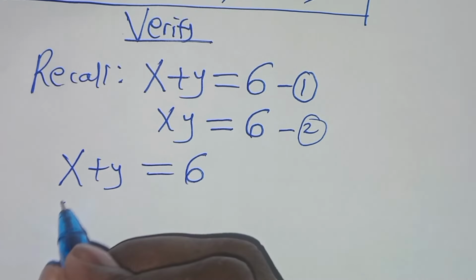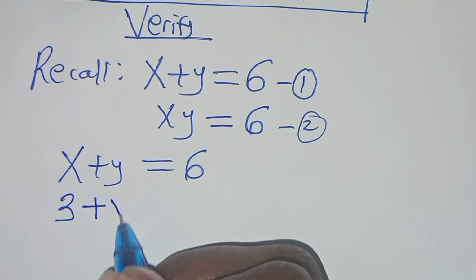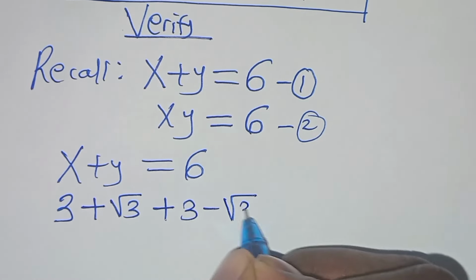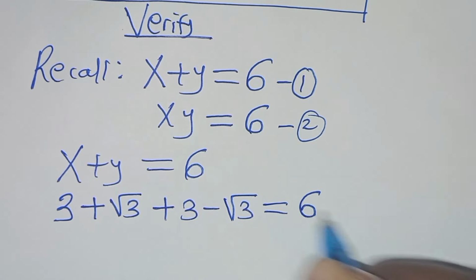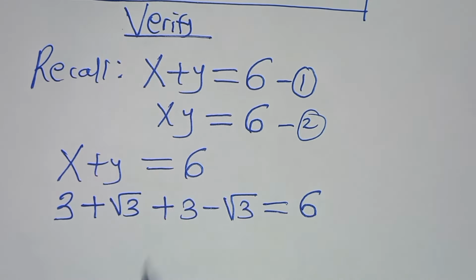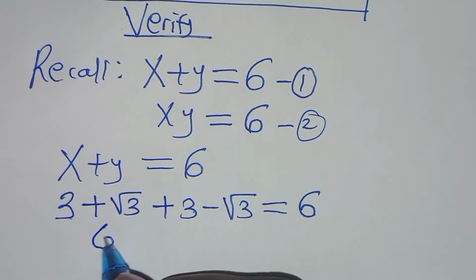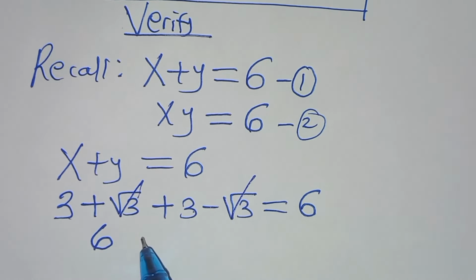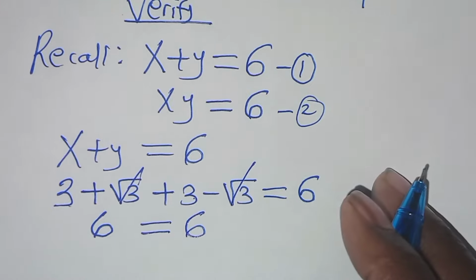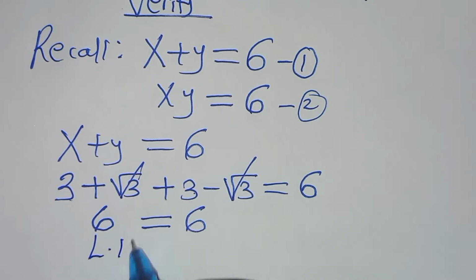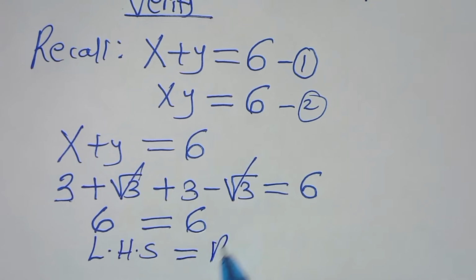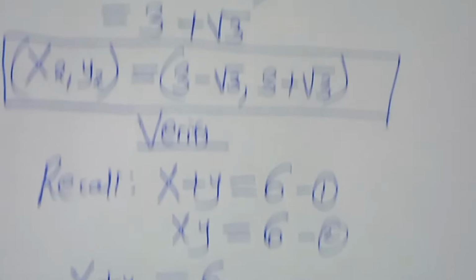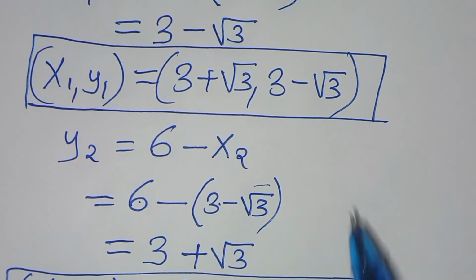Substituting x1, y1, we'll have 3 plus square root of 3 plus 3 minus square root of 3. So here we have 3 plus 3, this is 6. Then square root of 3 minus square root of 3 cancels, so that 6 is equal to 6. So this implies that the left hand side is equal to the right hand side, and this implies that x1, y1 satisfies the equation.